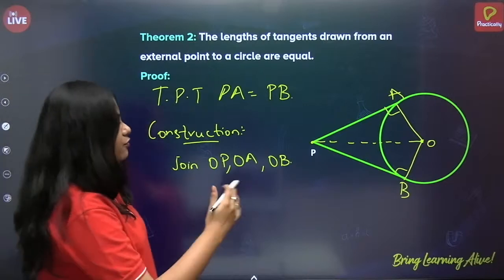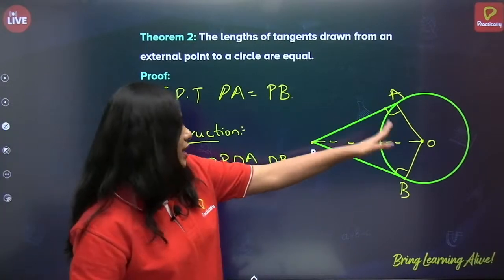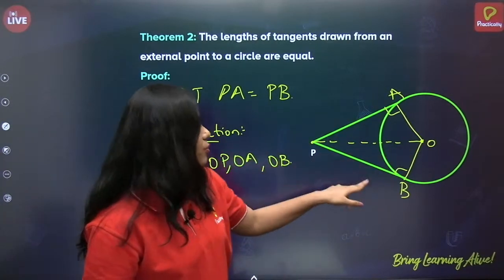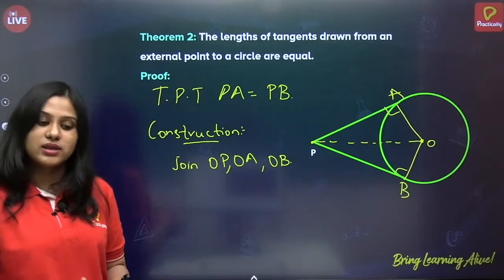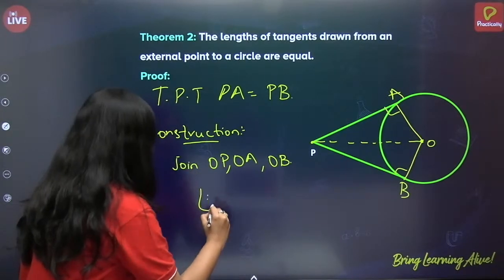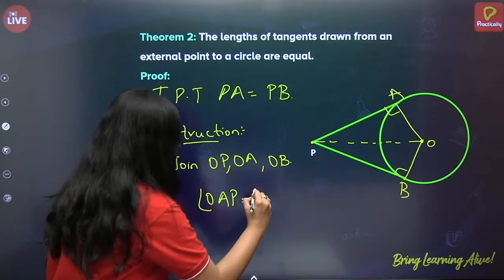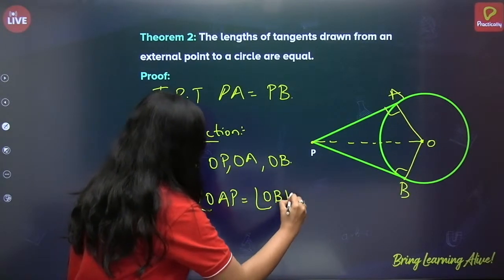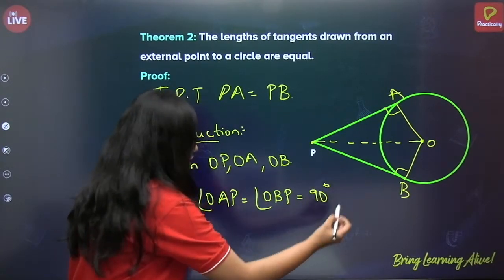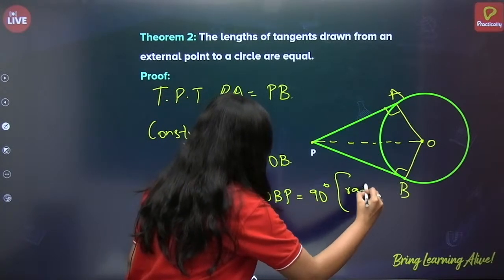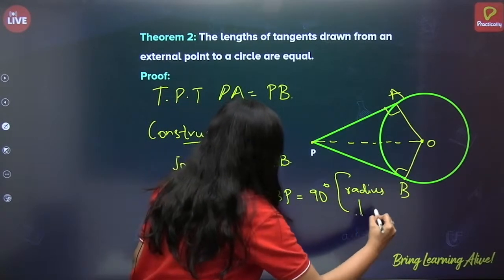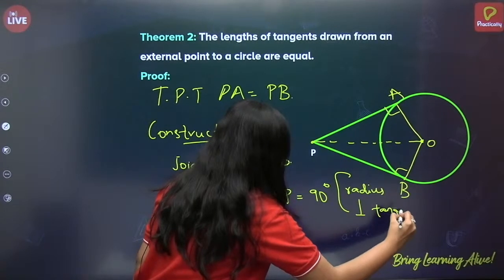Alright, now we know that angle OAP is 90 degrees, angle OBP is 90 degrees. Why? Theorem 1. So just write angle OAP is equal to angle OBP is equal to 90 degrees. Why? Radius perpendicular to tangent.